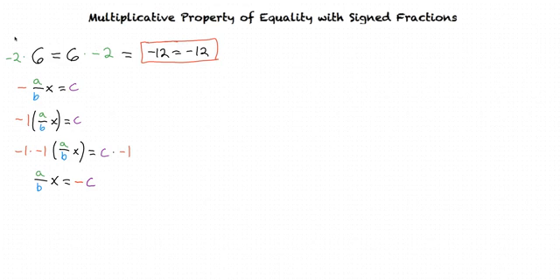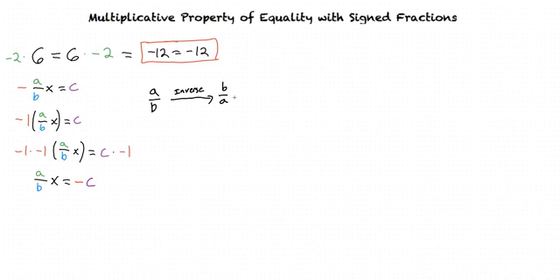Now we need to get rid of the a over b. We can do this by multiplying by the multiplicative inverse because a number multiplied by its multiplicative inverse is 1. We can compute the multiplicative inverse of a fraction by switching the numerator and the denominator. So the inverse of a over b is b over a. So what we're going to want to do is to multiply both sides of the equation by b over a.